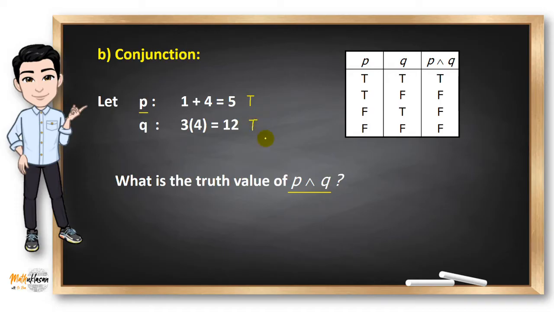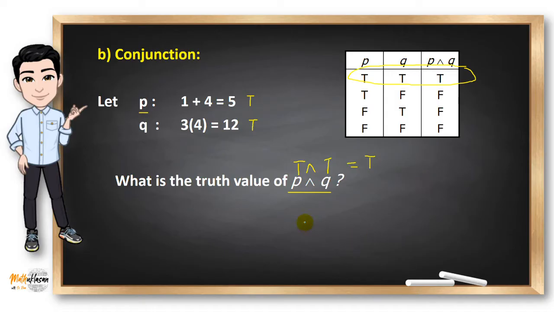So we can see here clearly that P and Q are both true. So what is the answer if the two propositions are both true? Okay, you can see here that if they are both true, then P and Q here is also true.